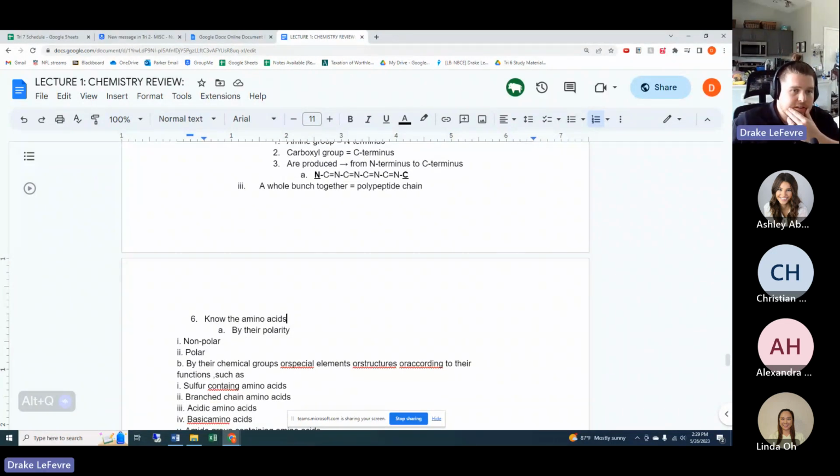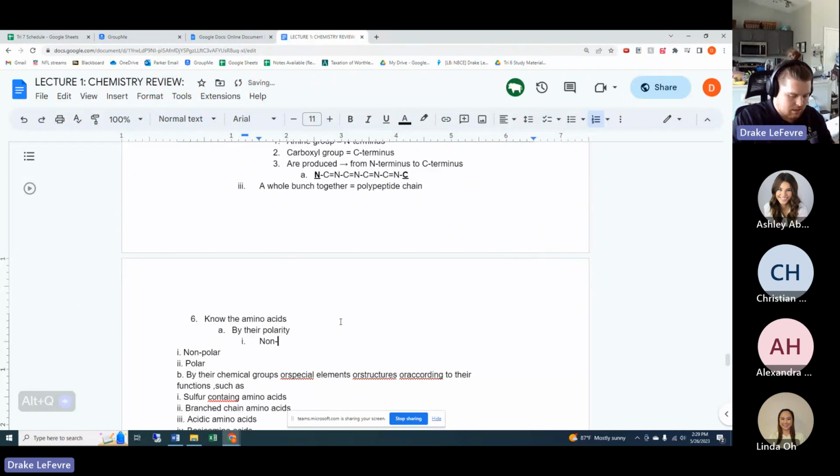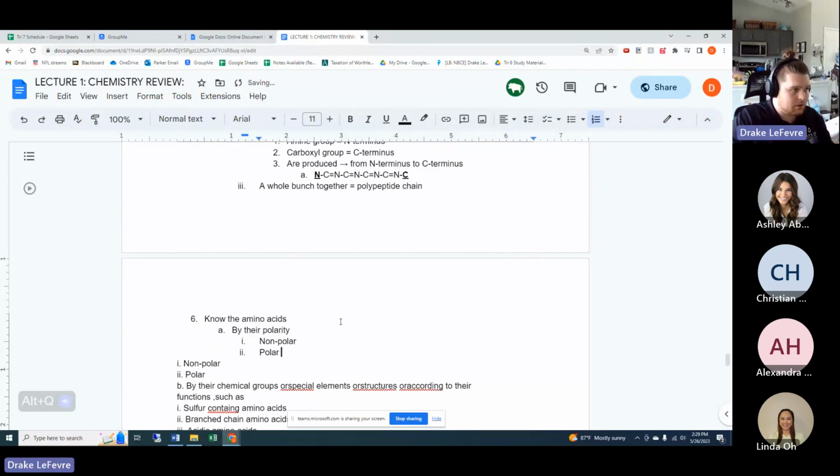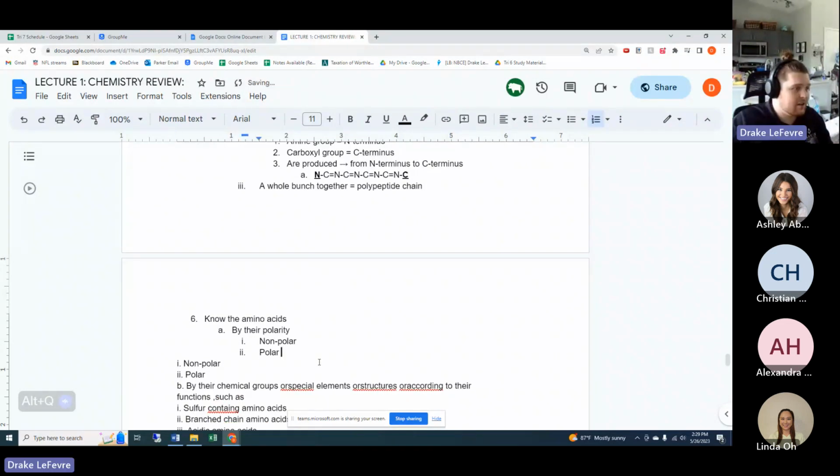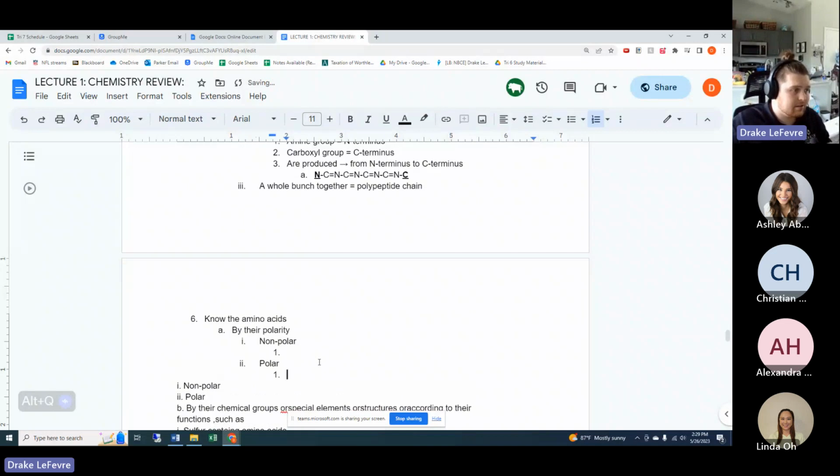Now we have amino acids by their polarity. We're going to have nonpolar and polar. Has anybody come up with a mnemonic or anything to help themselves remember? I use that one video on YouTube where that one tutor shows you how to remember it based off your hand.